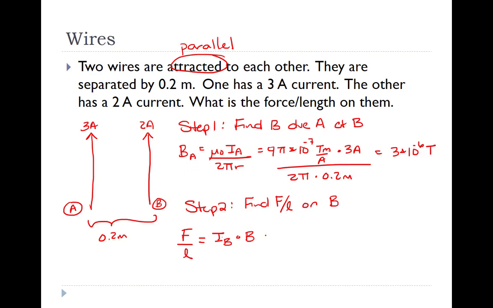It is experiencing the field due to wire A, and the angle will be 90 degrees again. Plugging in, the current in wire B is 2 amps. The field is 3 times 10 to the minus 6 Tesla. Sine of 90 is 1. Therefore, my force per length is 6 times 10 to the negative 6 newtons per meter.